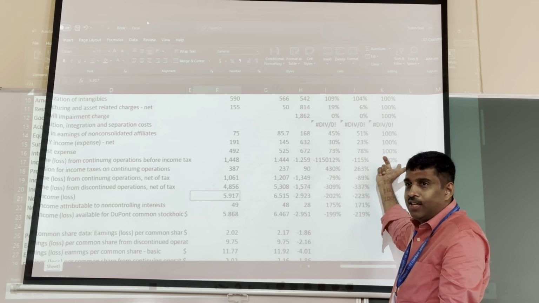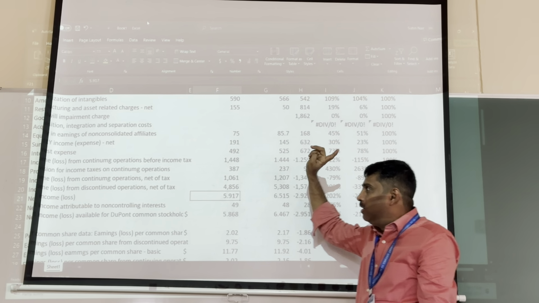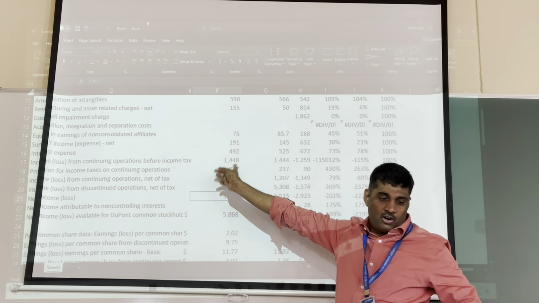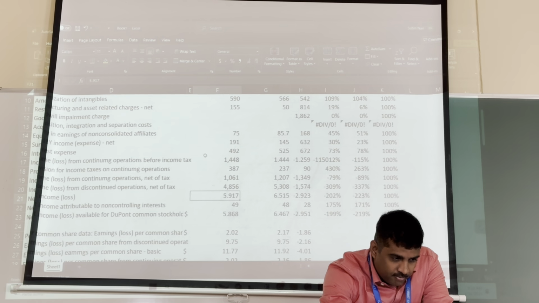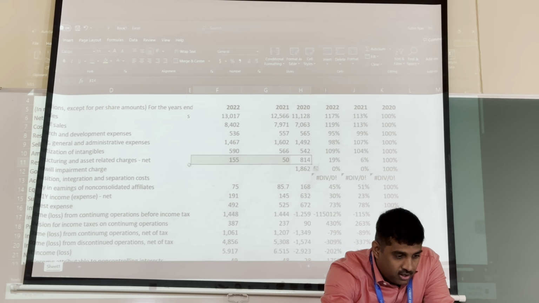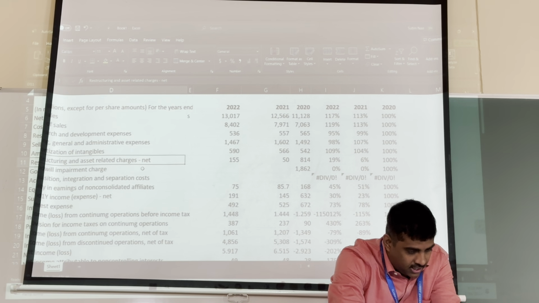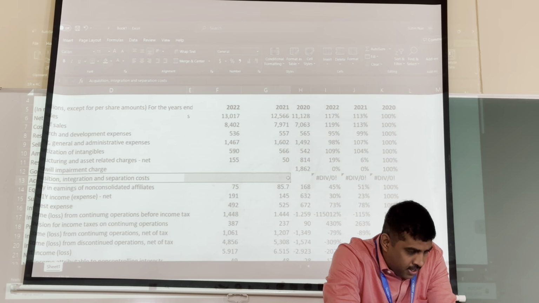Yes. What else? So my point is, you have to look into the line items and adjust accordingly. For example, this is more or less consistent. Okay, so restructuring and asset related charge, that's a separate one. This is mostly related to the M&A.